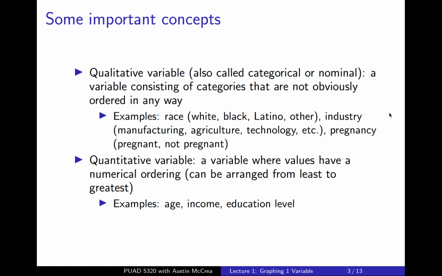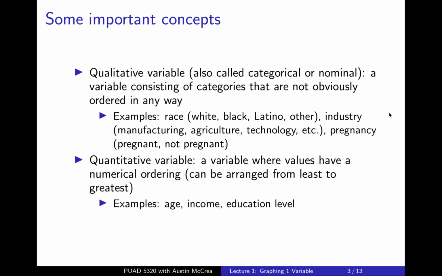One example would be race, where in a data set we could code white as a value of 1, black as a value of 2, Latino as a value of 3, or other as a value of 4. But there's no clear ordering in how we do that. It's not to suggest that one of these races is greater or less than the other.